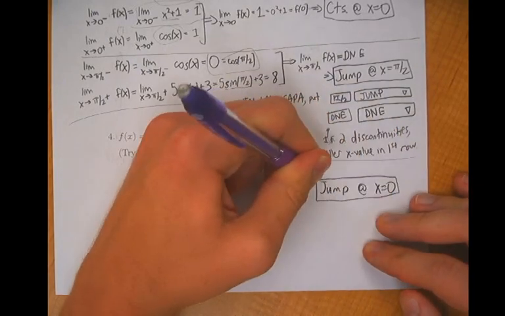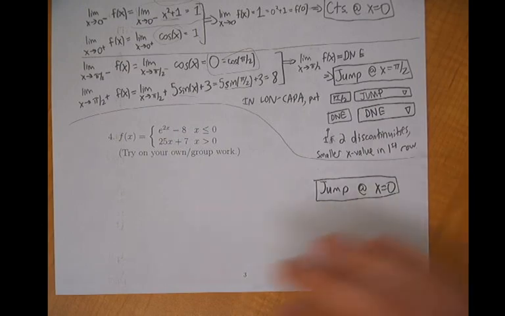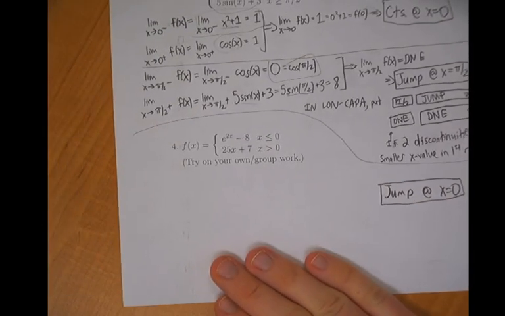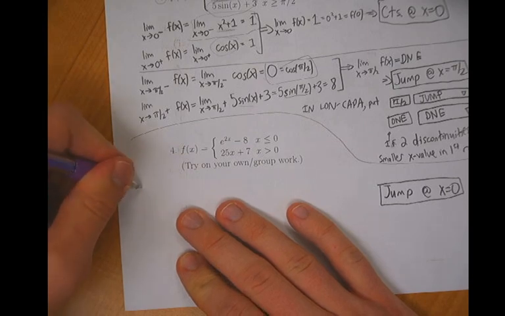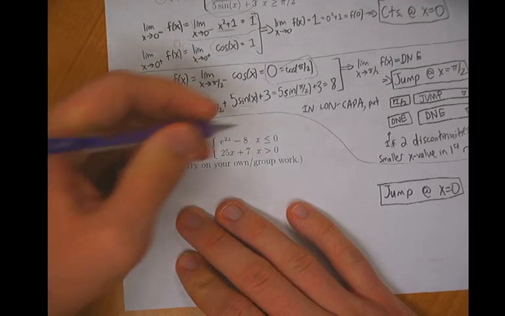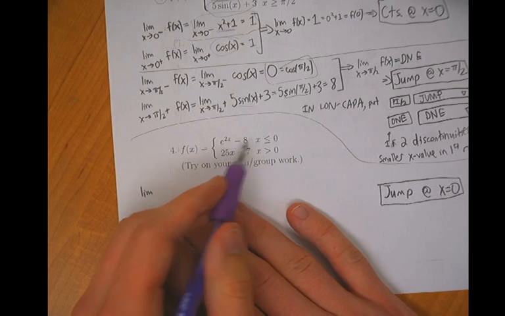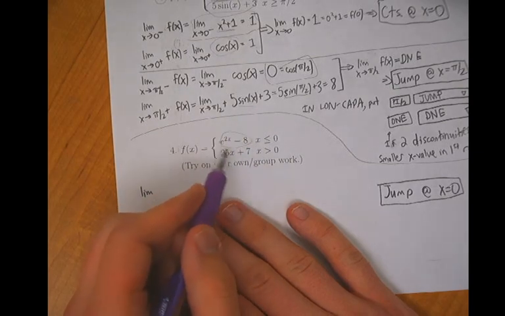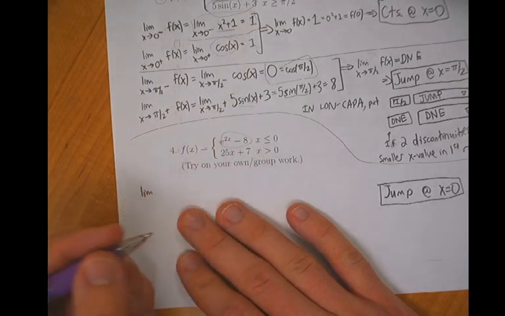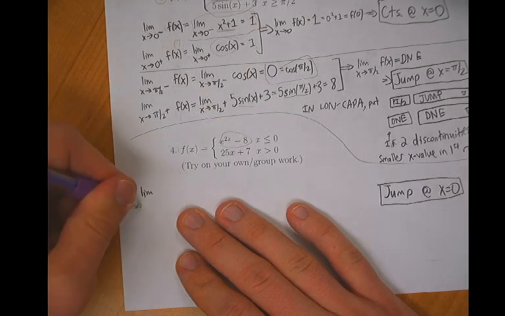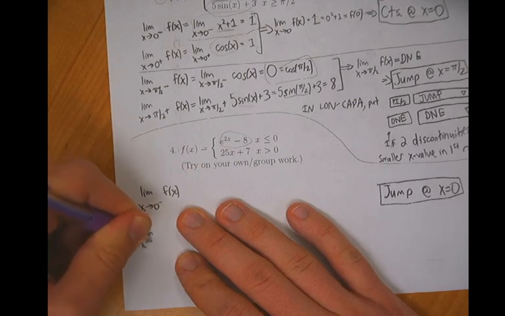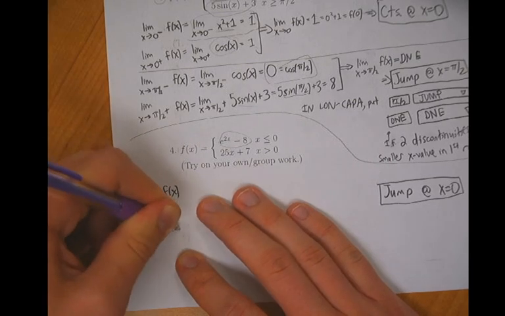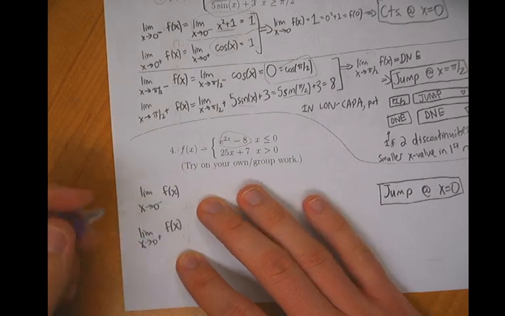Let's talk about why that is. In this case, if we're going to end up having a jump, the first thing we need to do is check. f of x is two completely different functions in each individual direction, so we need to check the one-sided limits: approaching 0 from the left and approaching 0 from the right.